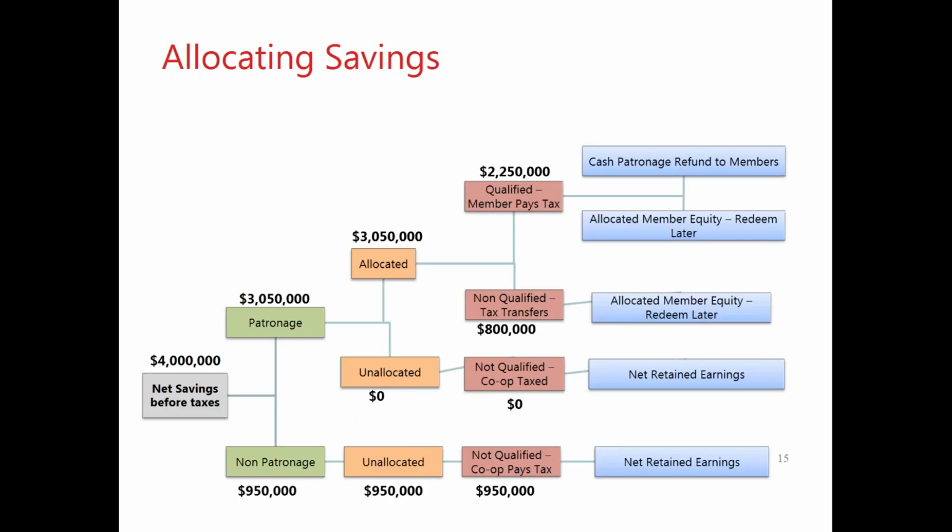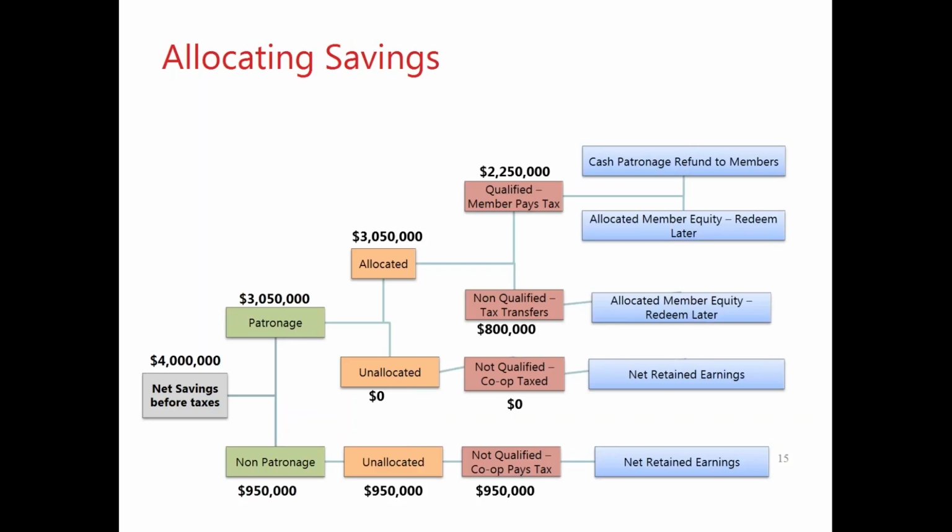This is an allocated distribution. The member is going to, well, yes, okay. Sorry about that. They are going to issue some of this as qualified, so the part that comes from the local savings, I apologize, I lost my place there. The part that comes from the local savings, they're going to issue as qualified, and that was the roughly 74%, $2.25 million. And the income that came from the regional side, they're going to issue as non-qualified.